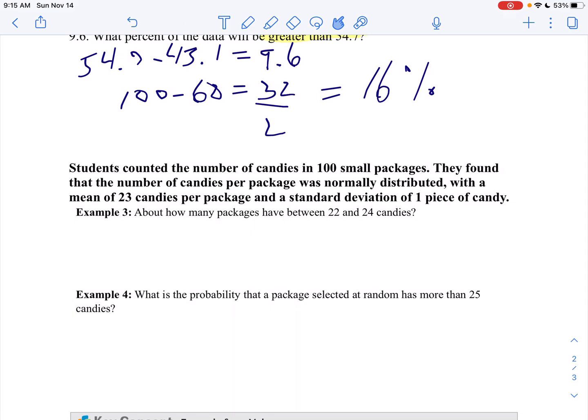About how many packages have between 22 and 24 candies? Well, if I have 23 and I do 1 standard deviation, that'd be plus or minus 1. So 22 to 24 would be within 1 standard deviation.